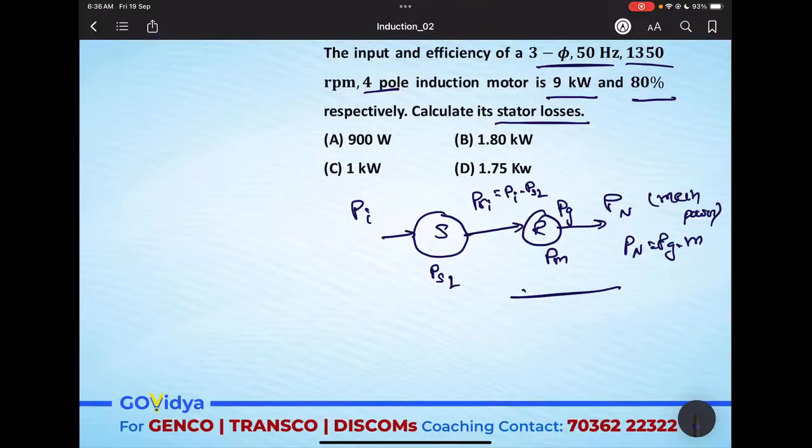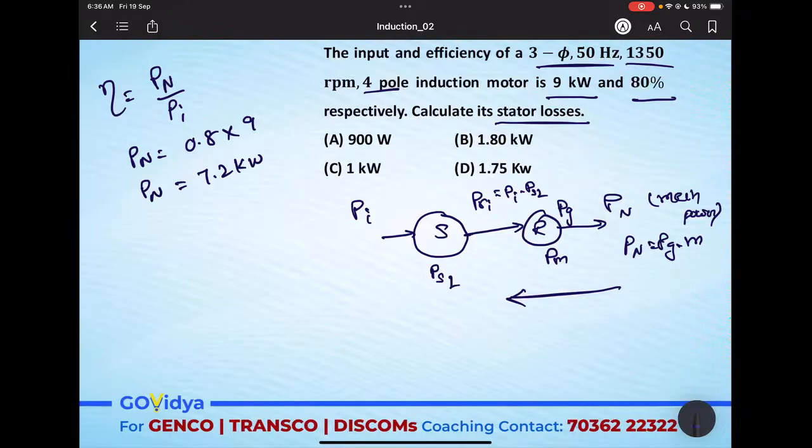Efficiency is net mechanical power developed divided by electrical input Pi. Net Pn can be written as efficiency 0.8 times electrical input power 9 kilowatt. It will come around 7.2 kilowatt.